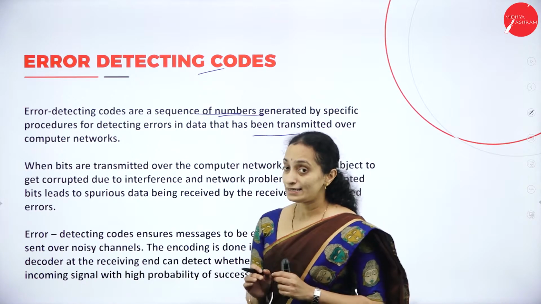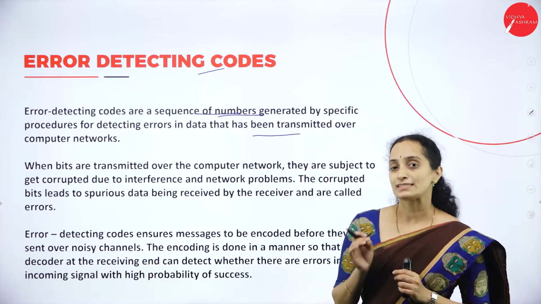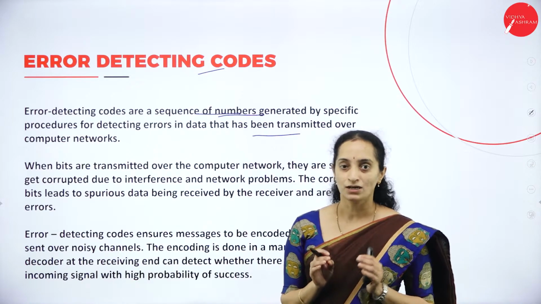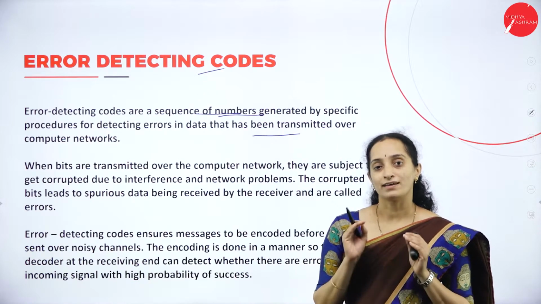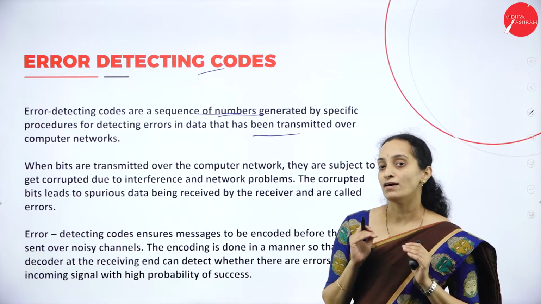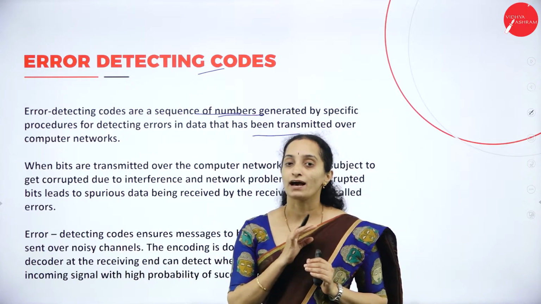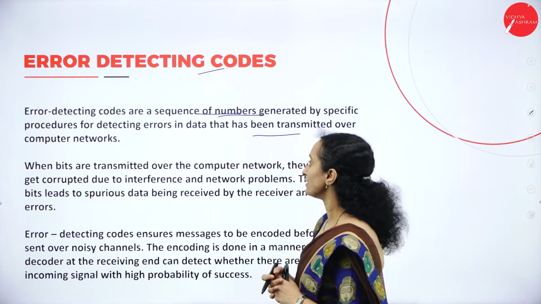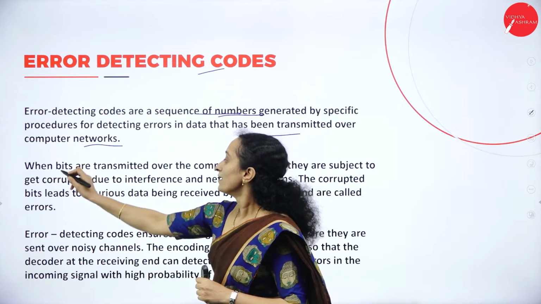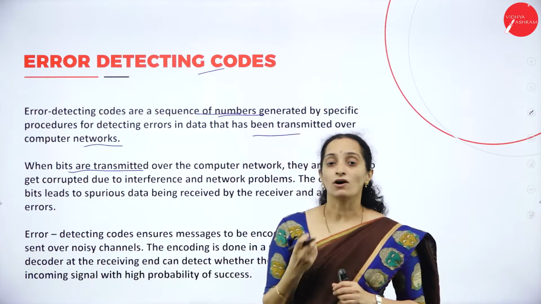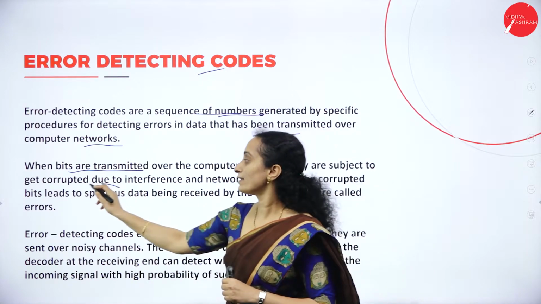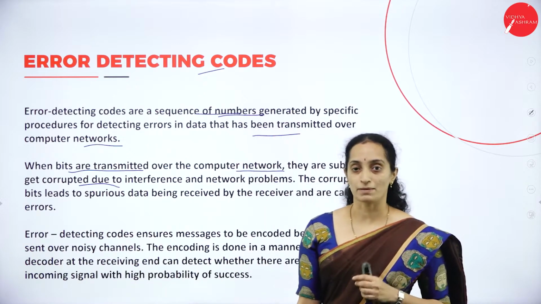You have to have a predetermined method to detect an error. Error detecting codes serve the same purpose, having a predetermined procedure to identify an error that may have been generated while passing through the network. When these bits or data are transmitted, there may be chances that the data are corrupted.